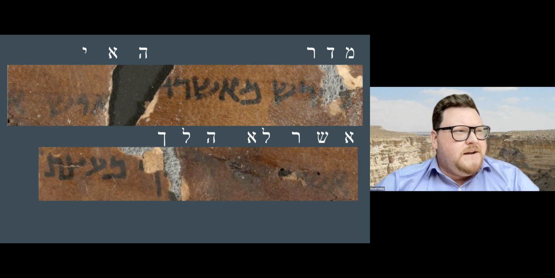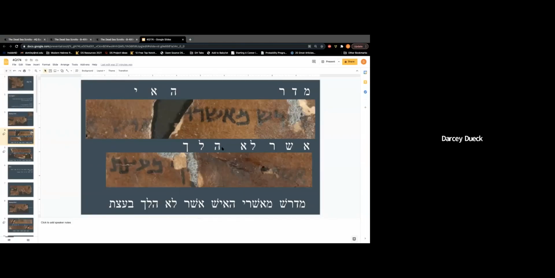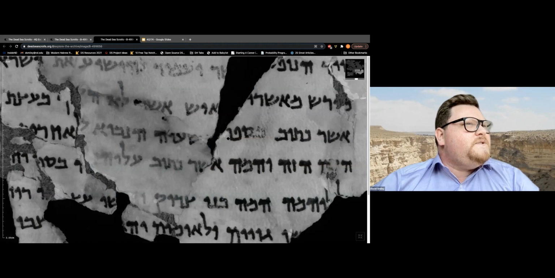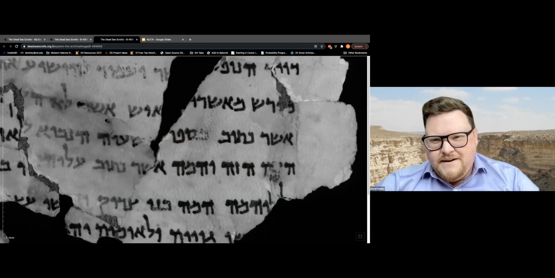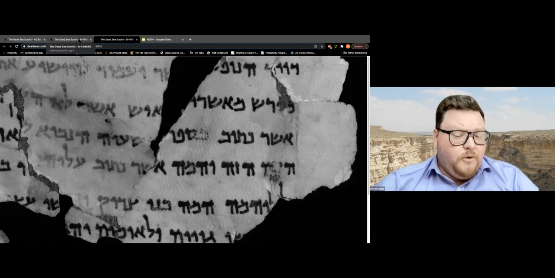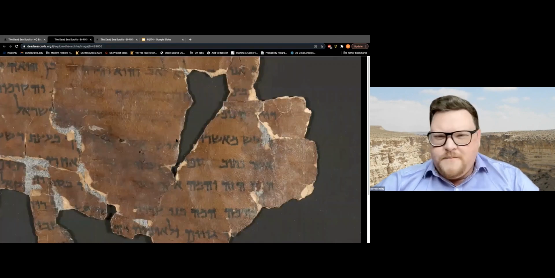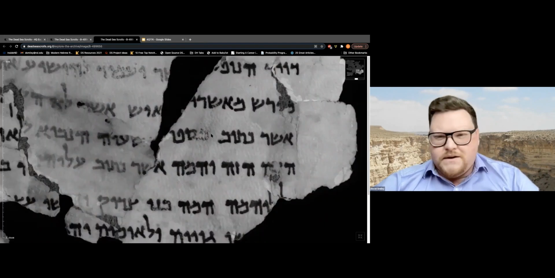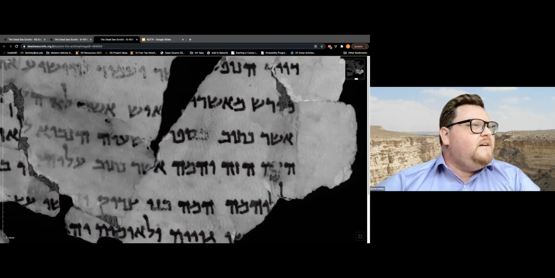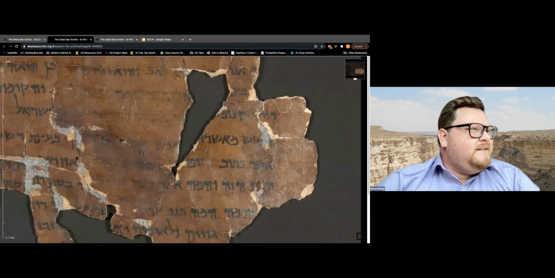However, I'm going to go out of the presentation real quick and go to this infrared picture of the scroll. You can find it, this is open access, if you go to deadseascrolls.org. This is the original picture where most of what we're going to read off of is from, but they also have infrared pictures as well. As you can see, these parts of the text that are super blurry in a regular photograph, see this whole section right here?